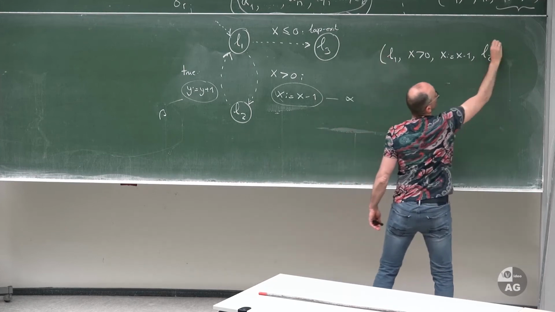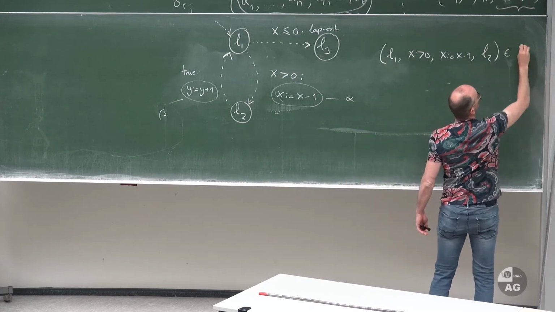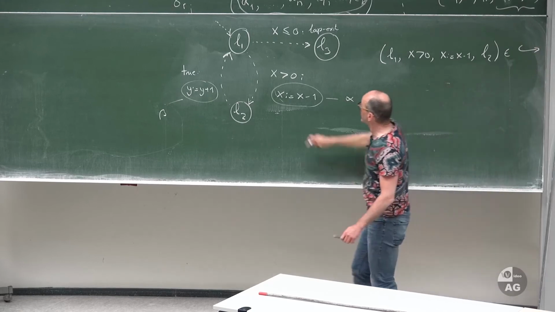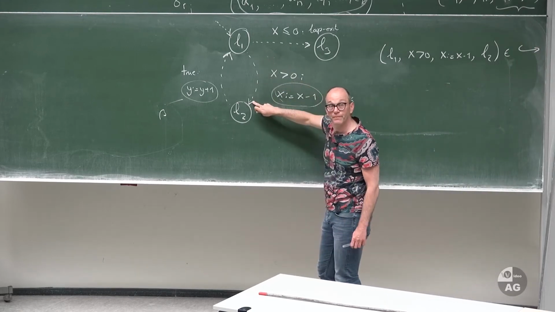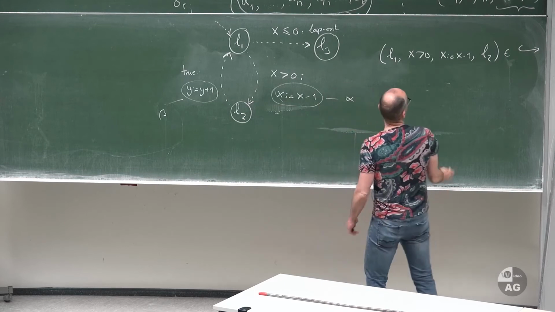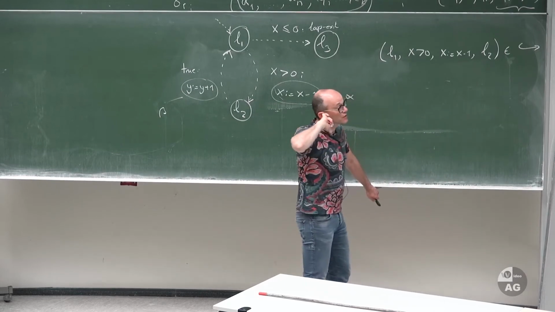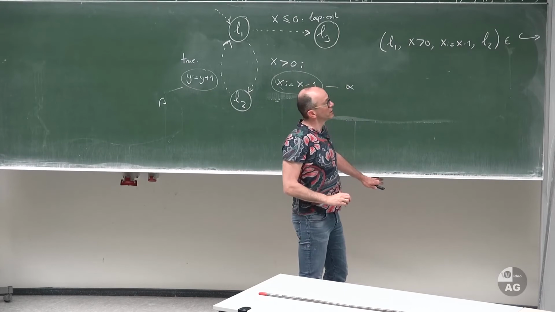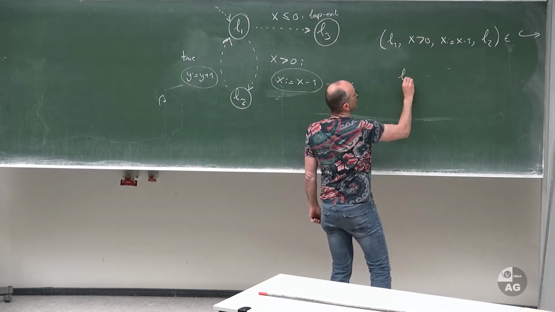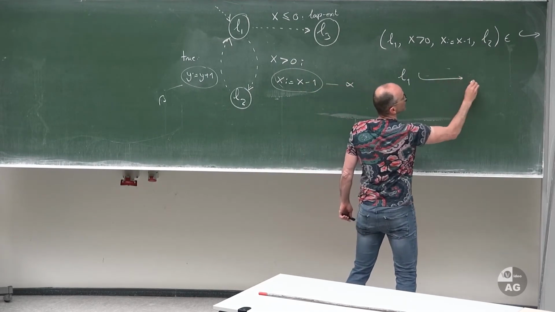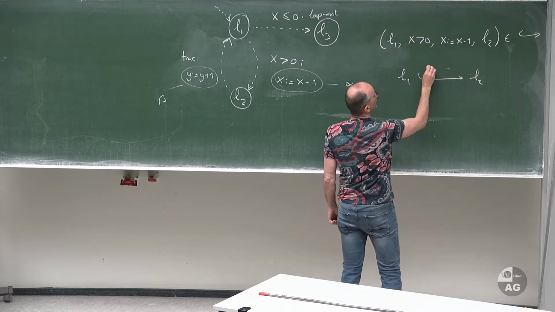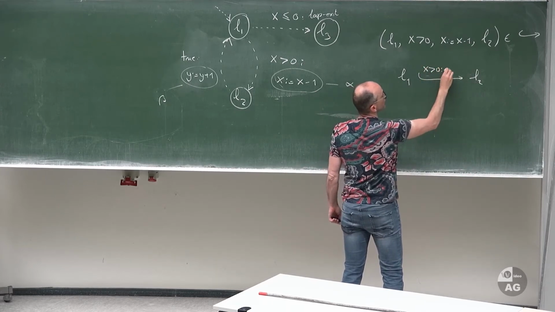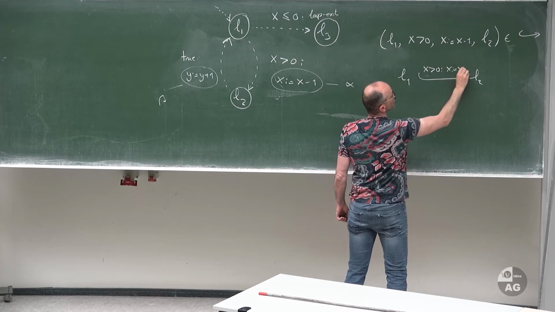So this belongs to this relation, and that corresponds exactly to this edge over here. The way to write this is a bit awkward, so I'm going to use a similar notation as I introduced for the transition system. We say that L1 has an edge that goes to L2, labeled with: if x is larger than 0, then x becomes x minus 1.